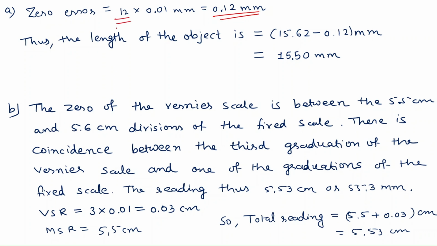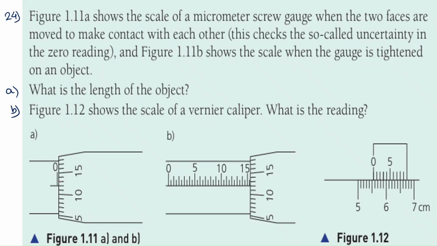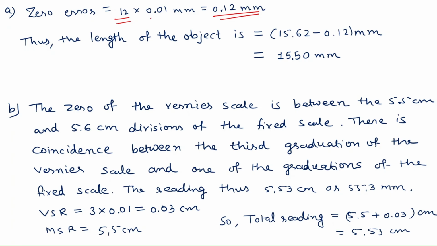The 12th division here, and its least count is 0.01 mm, so we got an error amount of 0.12 mm. You have to eliminate this amount, and we got the right result, 15.5 mm. So the actual length of the object is 15.5 mm.